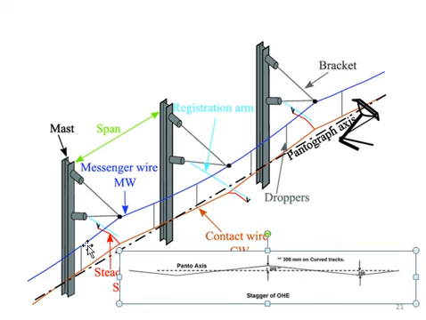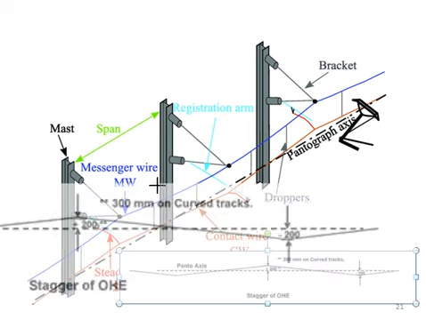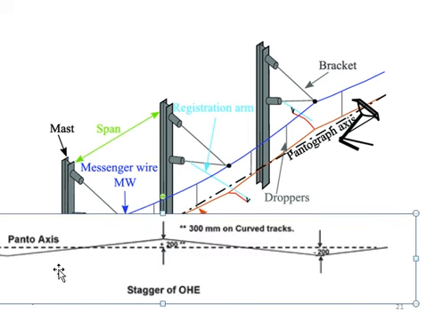Here, this is the contact wire in red color. This is the top view of the same section, and this center line is shown as a pentaxis, which is equal to the center line of the railway track, and this zigzag formation is made up of the contact wire.